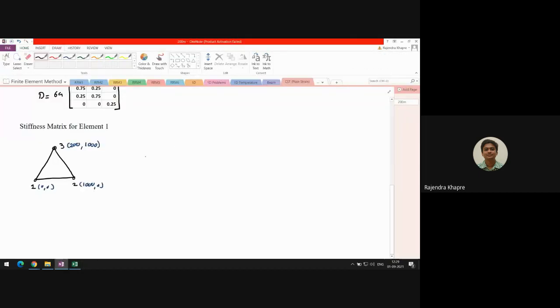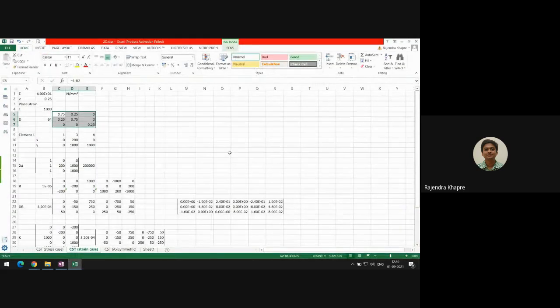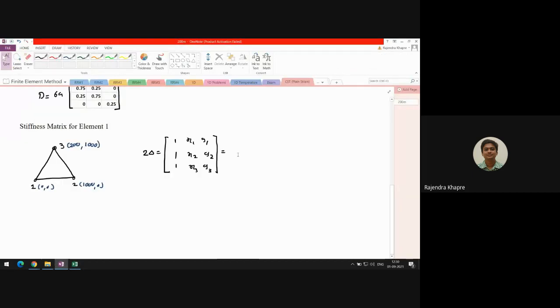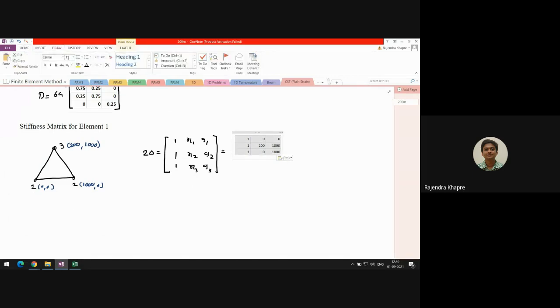Generally, 2 delta equals the matrix with 1 1 1, then x1 y1, x2 y2, x3 and y3. We have seen this in the previous class also. If you write this matrix, it will look like this. Let me increase the font slightly, say 14 and bold. Your matrix will look something like this.